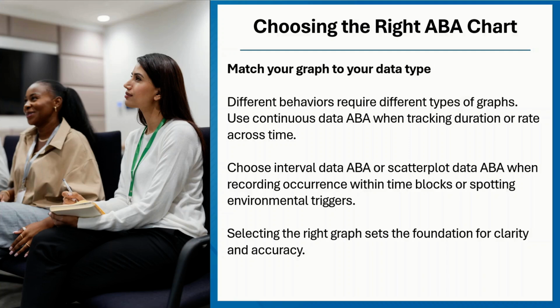But if you are trying to spot patterns, for example, meltdowns that happen every morning before lunch, then scatterplot data ABA is your best friend. And if you are checking whether something happens during specific times, then you want to go with interval data ABA. And this is really where great charting begins, determining the right ABA chart to use.